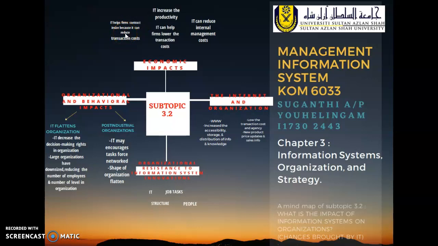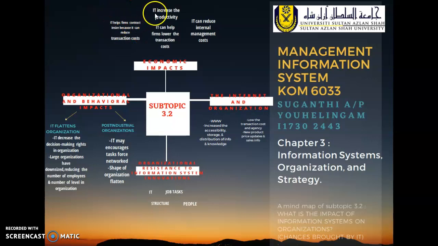IT lowers market transaction costs for firms, making it worthwhile for firms to transact with other firms rather than grow the number of employees. And it also affects vertical integration: hiring more employees, buying suppliers, and distributing by its own by using information technology.